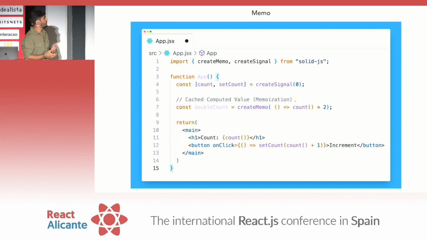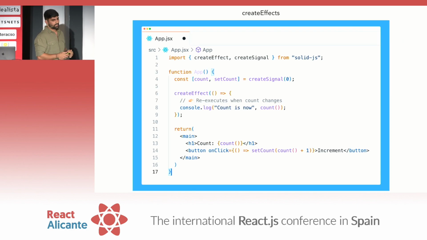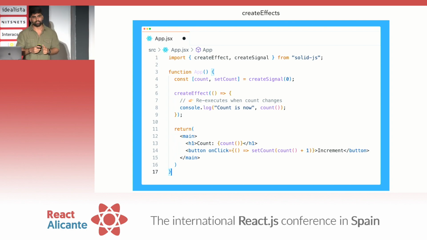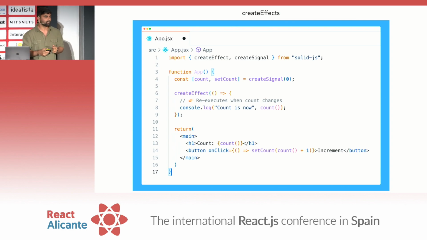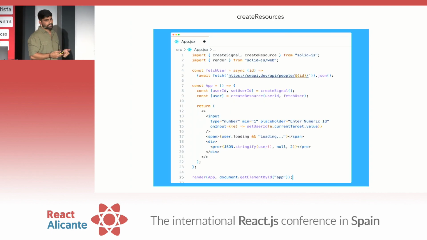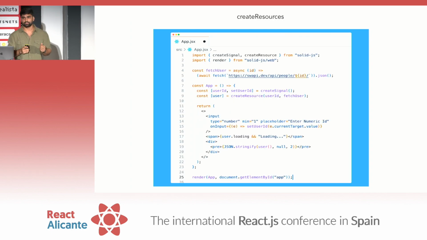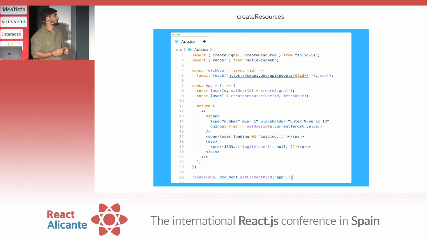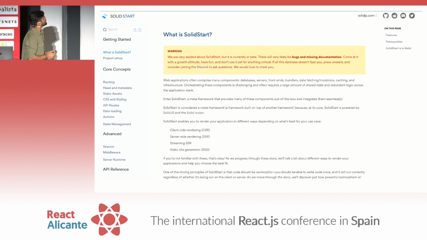Memos are also available in SolidJS to memoize something. With createEffect, if you want to create a side effect with some signals, you'll be able to do that. With createResource, if you want to call an API asynchronously, you can do that.